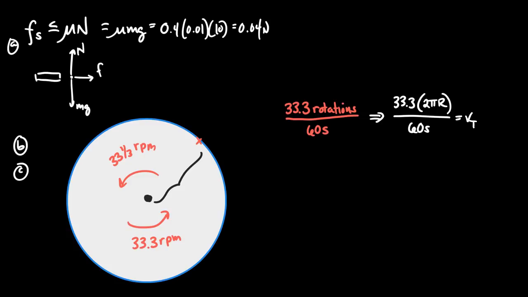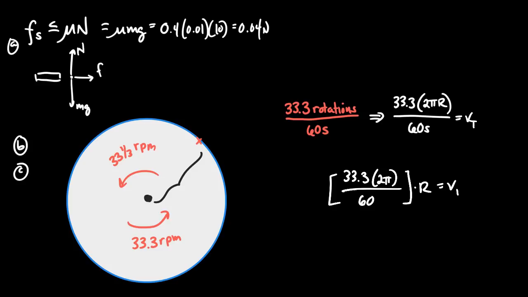You put in r. I will also point out that 33.3 times 2 pi over 60, if I put all of that in the front and put r afterwards, this kind of tells you that depending on where you are on the record determines how fast you're traveling.